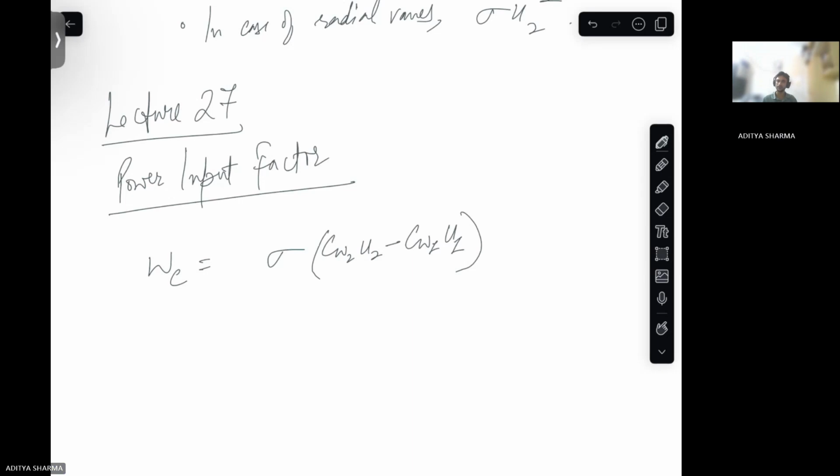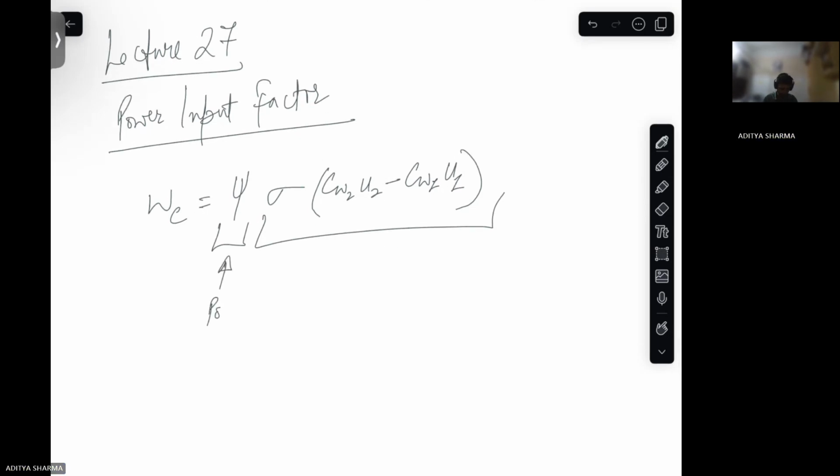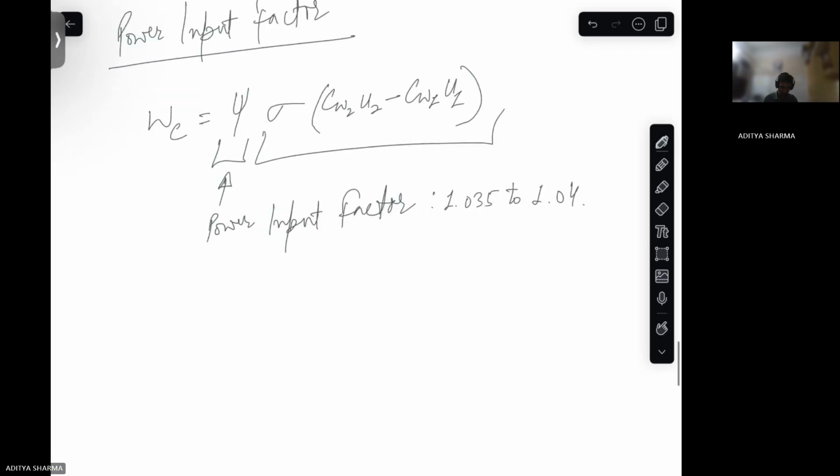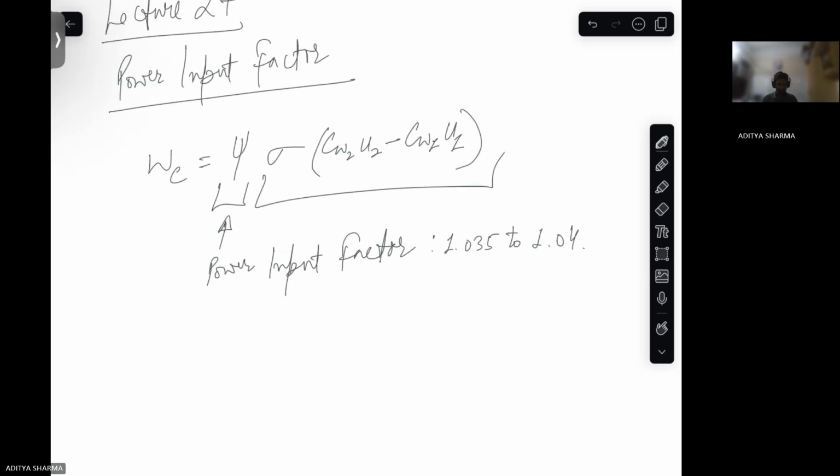So you'll need more power than what your numbers tell. So to include that factor, we introduce this, which is the power input factor. And its value is between 1.0 and 1.2. So this is your power input factor.